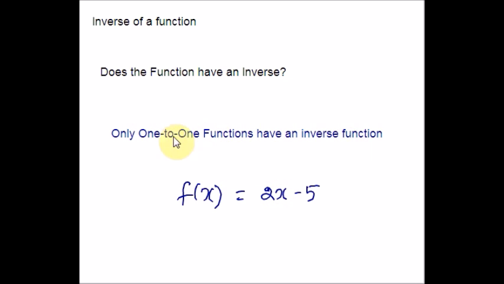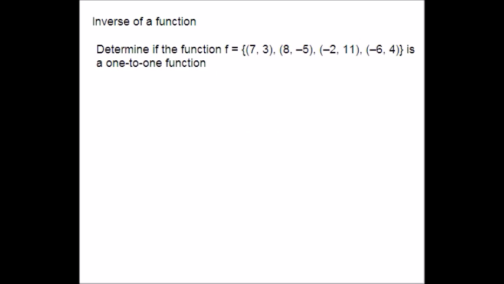Please note down this clue. Now let's look at a simple example to recap what a one-to-one function is. A function f is a one-to-one function because each of the y values in the ordered pairs is unique. Am I right? 3, -5, 11 and 4.